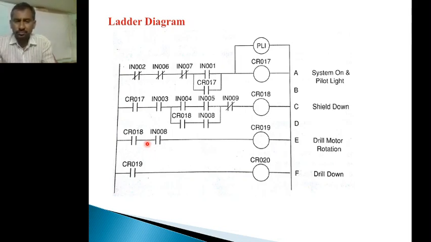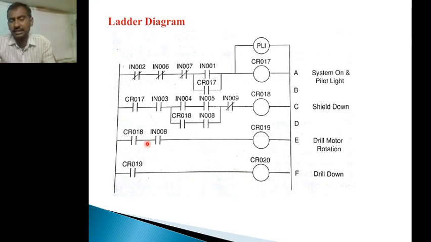So when CR018 is on, the shield will go down towards the part and reach the top of the part. When the driller or shield reaches the top of the part, another sensor will be activated.